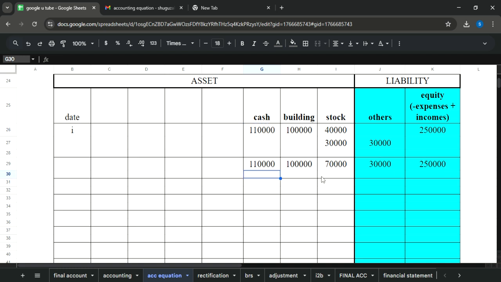Now you can see that all totals are concluded, and this was your entry number 2. Total has been completed. We will now focus on entry number 3.